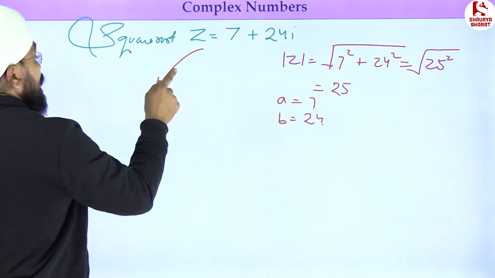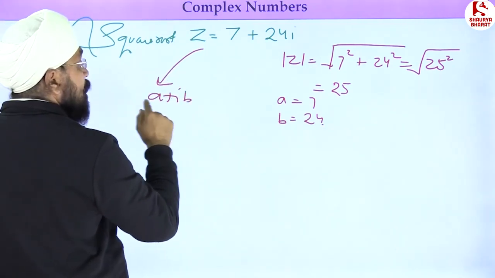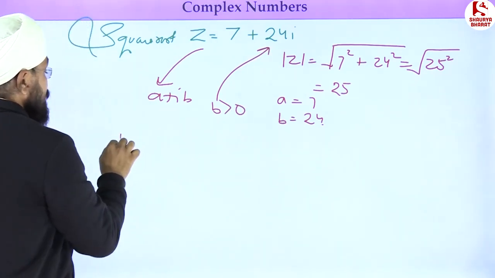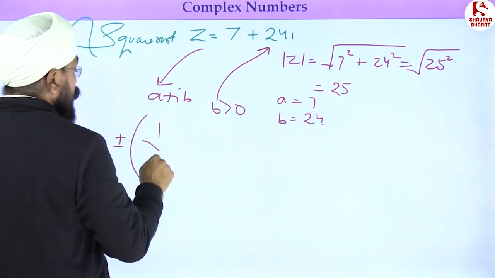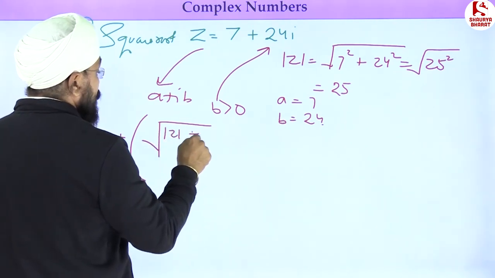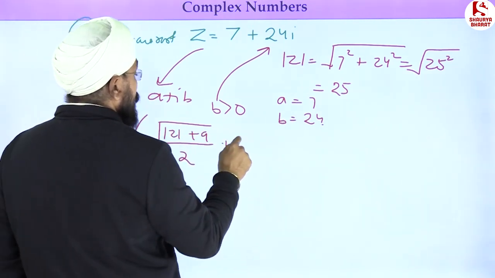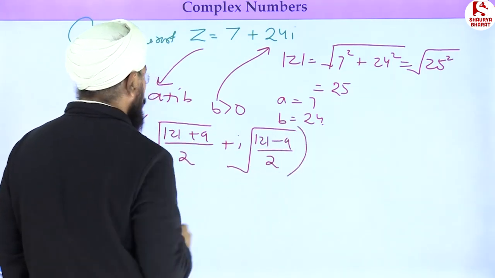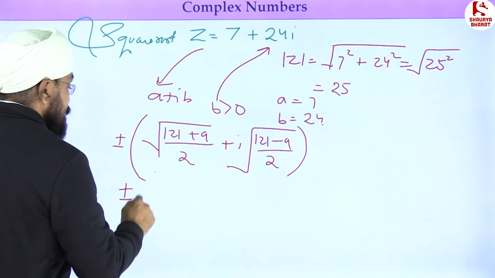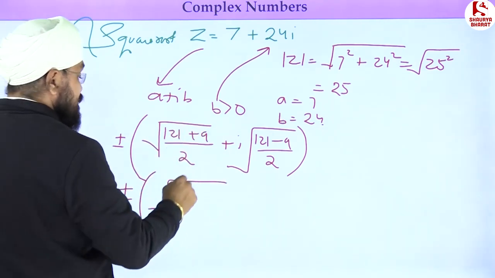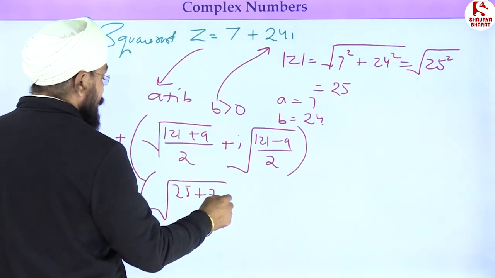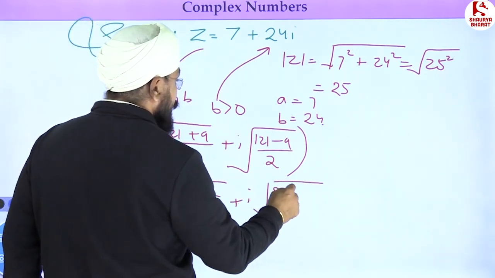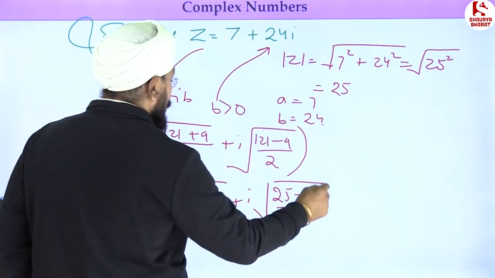So as per the formula, since this is a plus iota b and here b is greater than 0, the formula says plus minus (root of (magnitude of z plus a) whole divided by 2, plus iota root of (magnitude of z minus a) whole divided by 2). So this was plus minus (square root of (25 plus 7) divided by 2, plus iota square root of (25 minus 7) divided by 2).